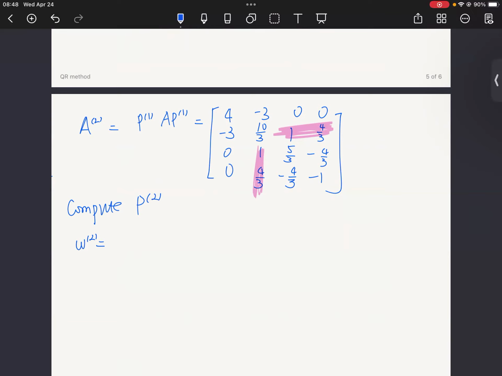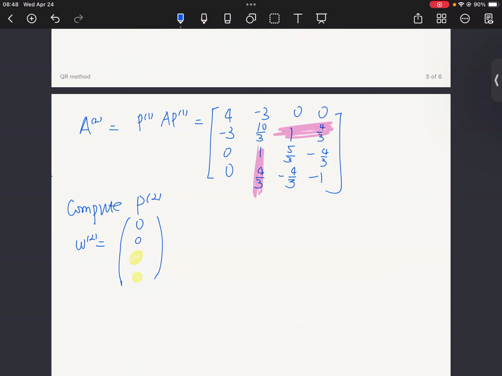The things we need to calculate are just the third component and the fourth component. And then we would get the householder transformation's W vector. That's the unknown thing we are going to calculate, this one and this one.